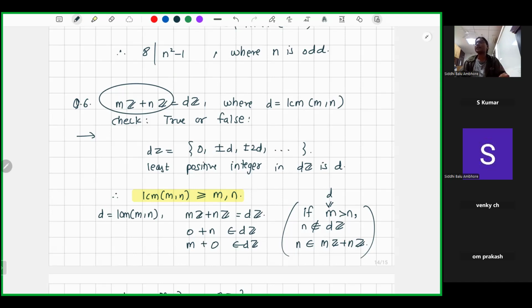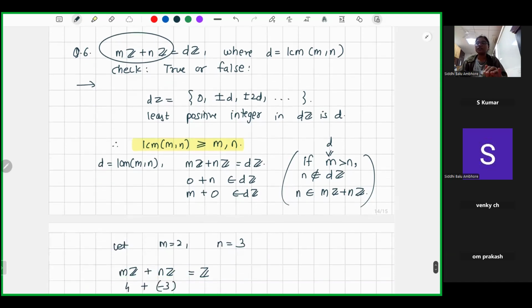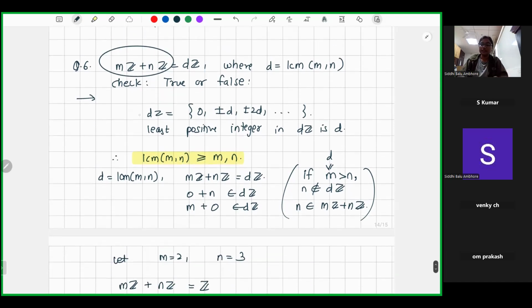If m divides n, then the smaller one becomes the LCM. But if their GCD is 1, the LCM is literally the product of those two elements, which is bigger than both m and n. And when I write dZ, please understand that d is the least positive integer which belongs to this set dZ.